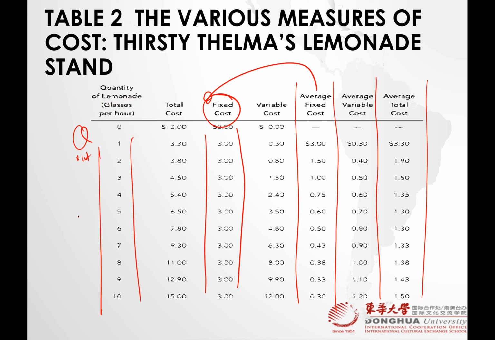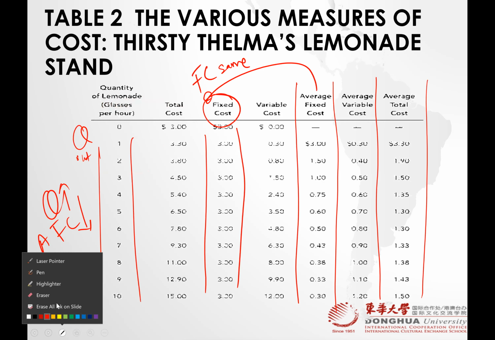It decreases when quantity increases. When quantity is increasing, average fixed cost is decreasing, but fixed costs remain the same. You understand, everyone?